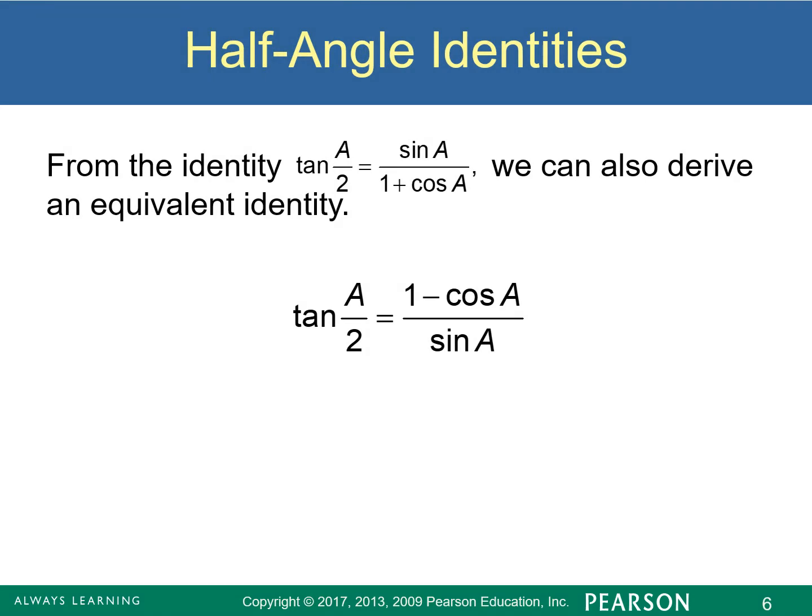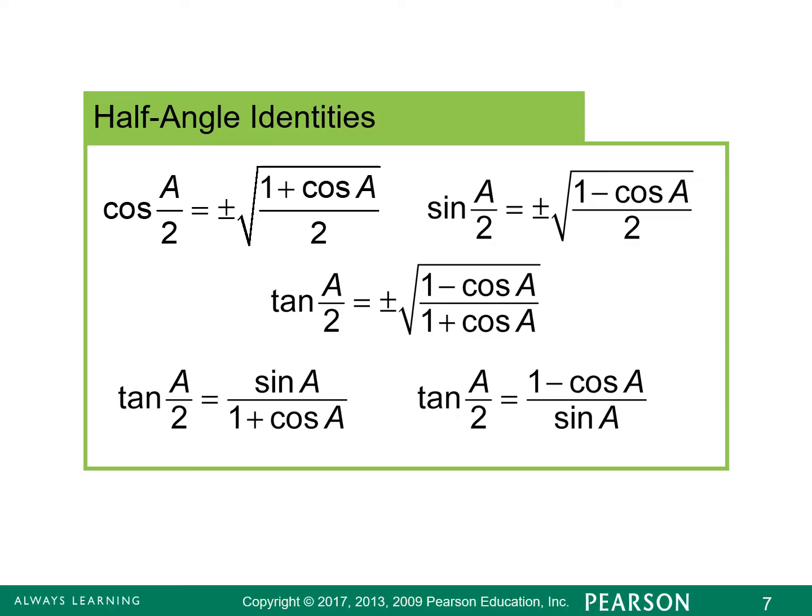And we can also derive the identity that tan a over 2 is (1 minus cos a) over sine a. All of the half angle identities you do need to memorize and be able to use.